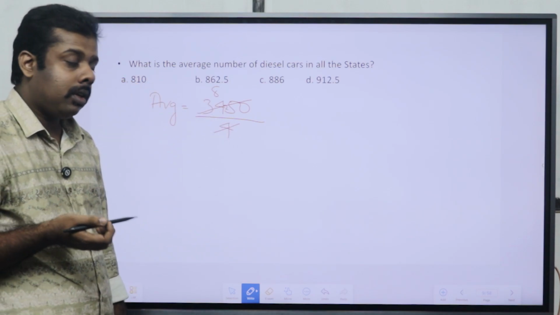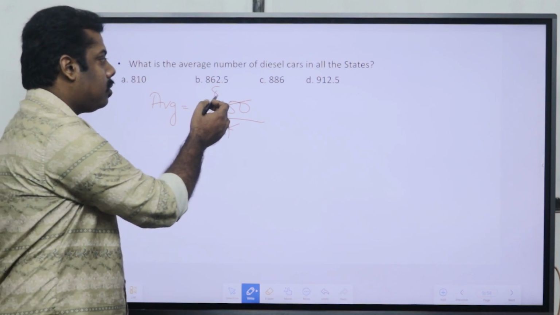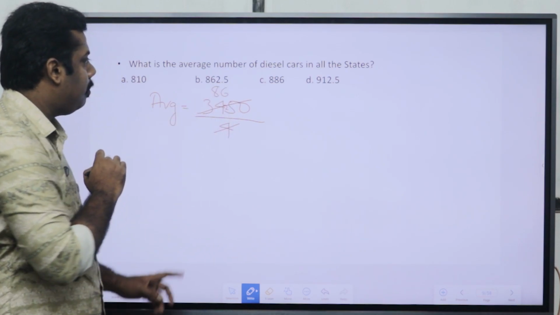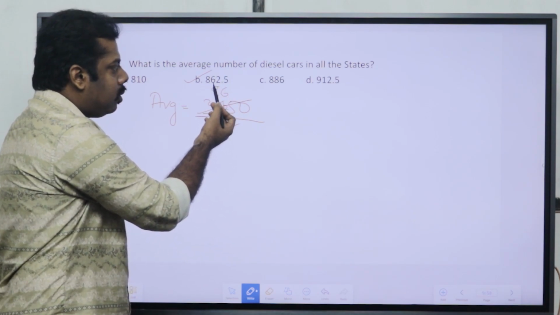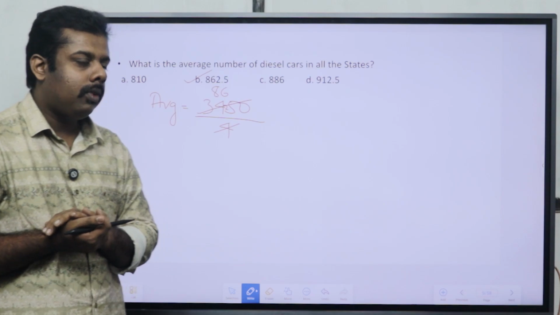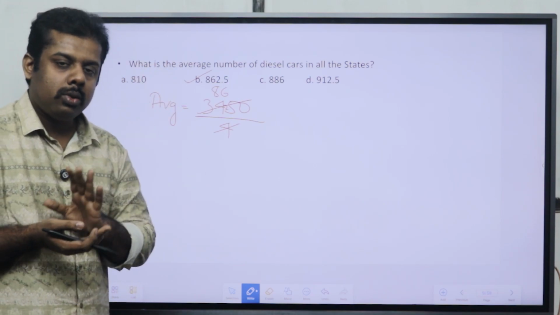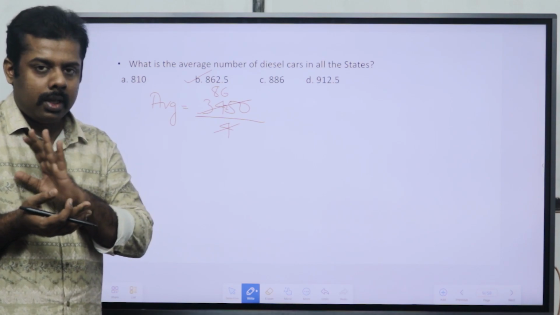So 25, how many times will it go? 4 6s are 20, so 6 times it will go. Looking through the options, the first two values have to be 8 and 6. It is there in only one option, so that has to be our answer here. So option B, 862.5 is the final answer.